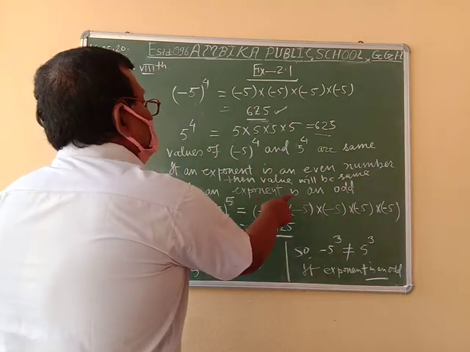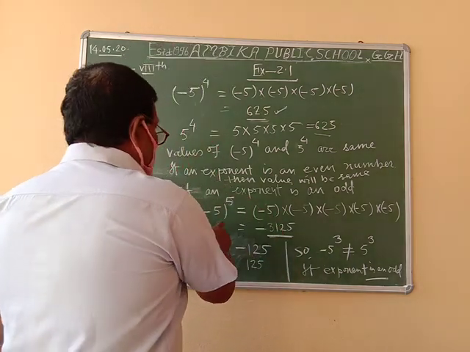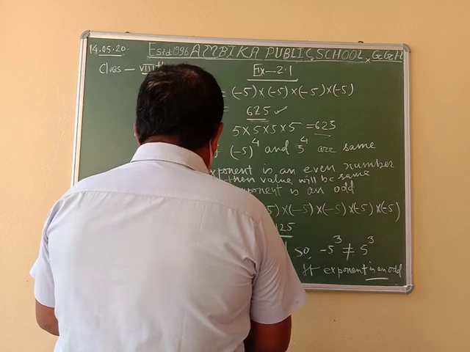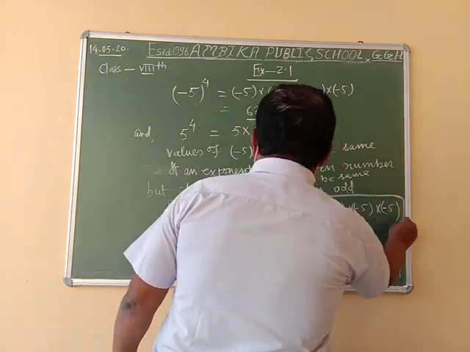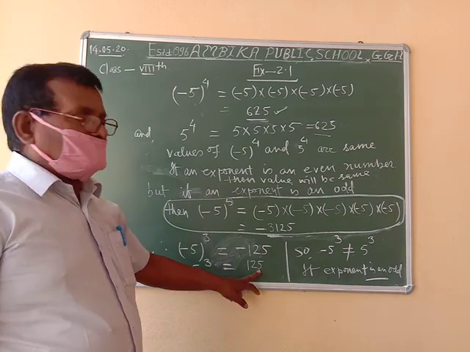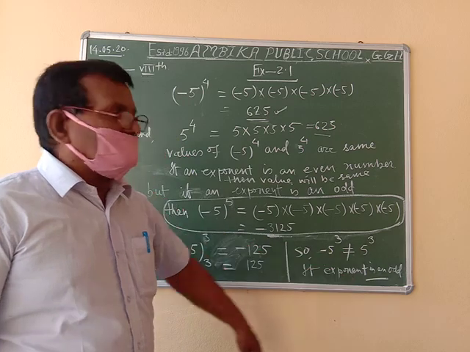But if an exponent is an odd number, then these are not equal.